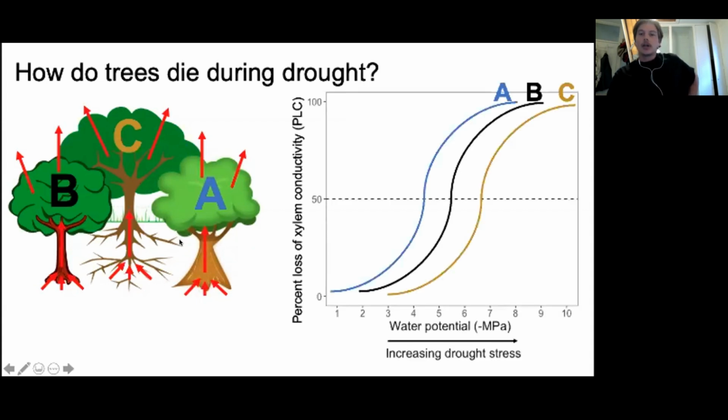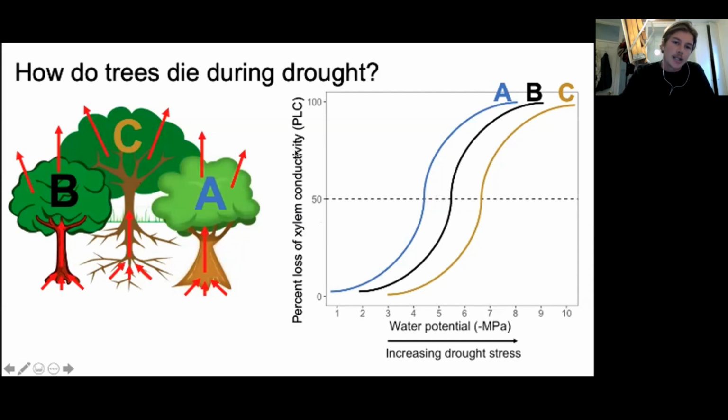To compare between different species, often a threshold is used: when 50% of the xylem area is blocked, and this is called a species' P50. On this figure, you can see three vulnerability curves for three different hypothetical species represented by the different colours.